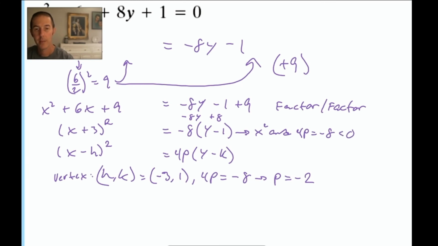Therefore, it's a y equals x squared graph, which is what we're used to, so it's either concave up or down. But since 4p equals negative 8 is less than 0, it's going to be concave down.